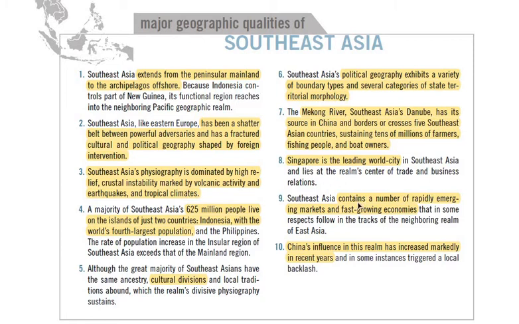Then this realm contains a lot of emerging markets and fast growing economies like Malaysia, and one of them is Singapore, which has already grown. Singapore is called the Dragon of Asia or the Tiger of Asia because of its small size and exceptionally strong economy. Then this realm has a lot of Chinese influence.